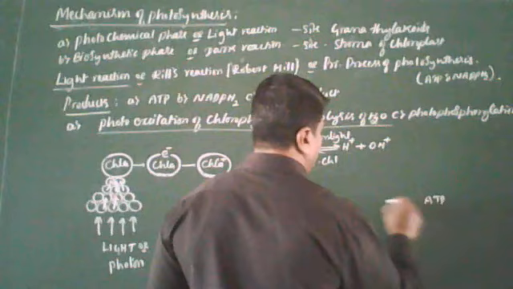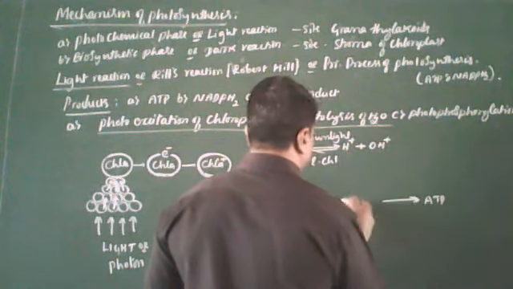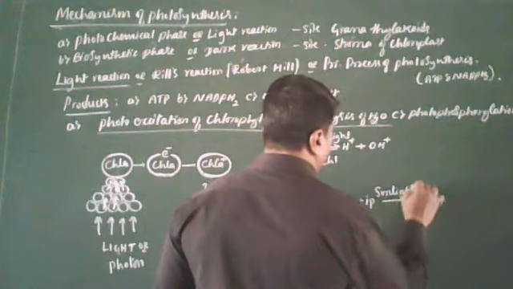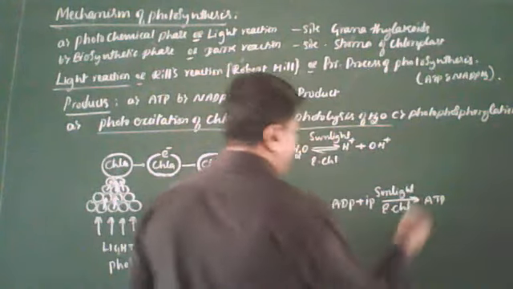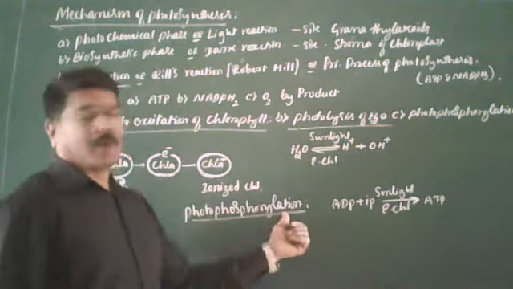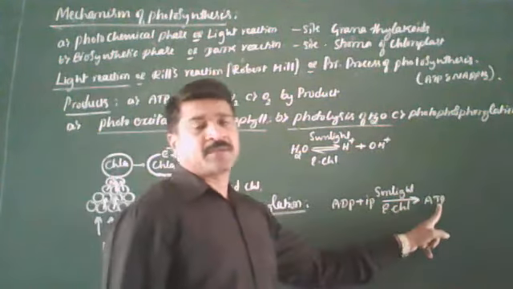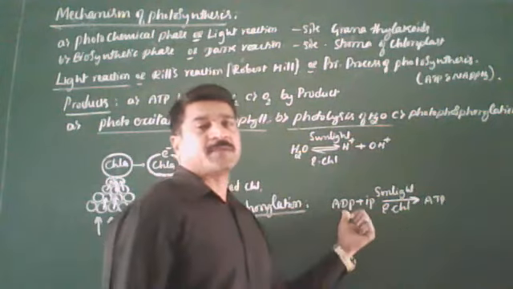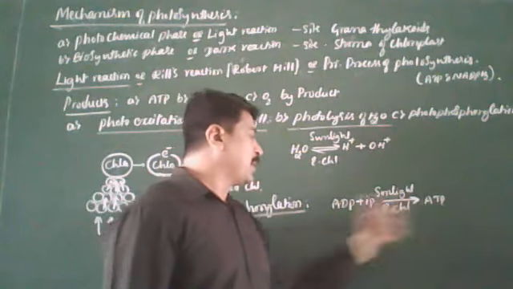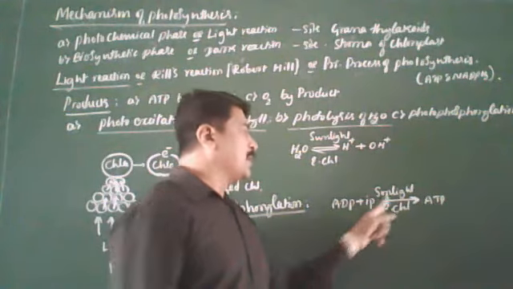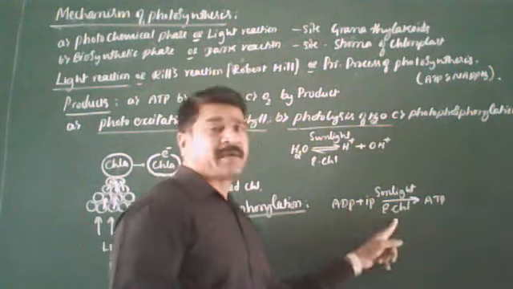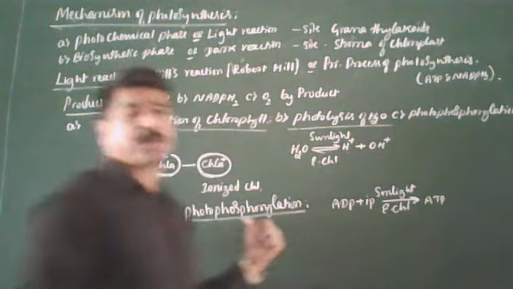So the process of formation of ATP, adenosine triphosphate, from ADP, adenosine diphosphate, and inorganic phosphate in the presence of sunlight and excited chlorophyll is called photophosphorylation.